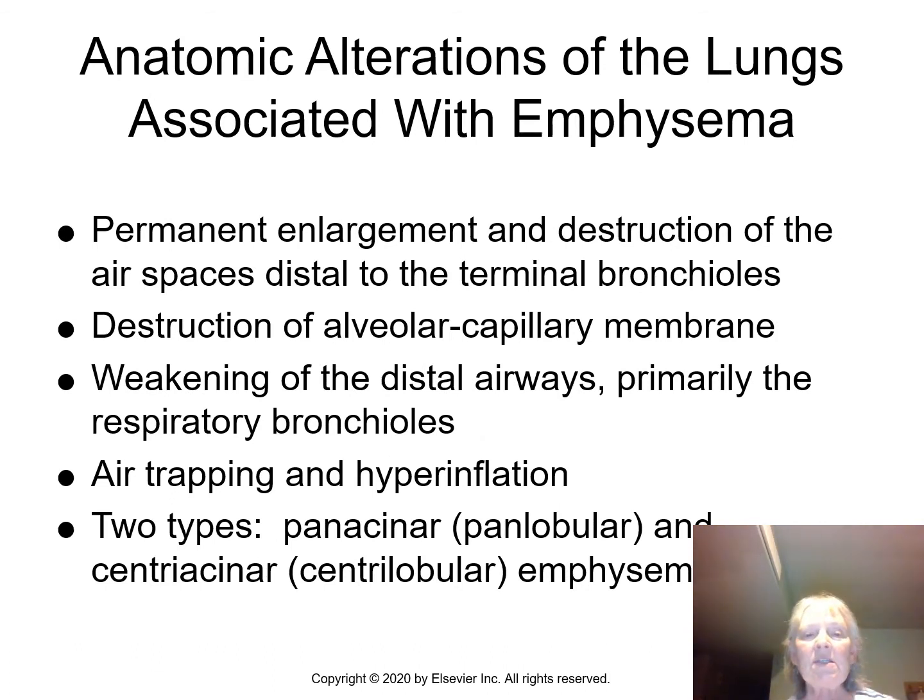So with emphysema, there is permanent enlargement and destruction of the air spaces distal to the terminal bronchioles. There we lose the alveolar capillary membrane, and then we also lose the acinus, as we said, and we get this large surface area, but a very small surface area for gas exchange.